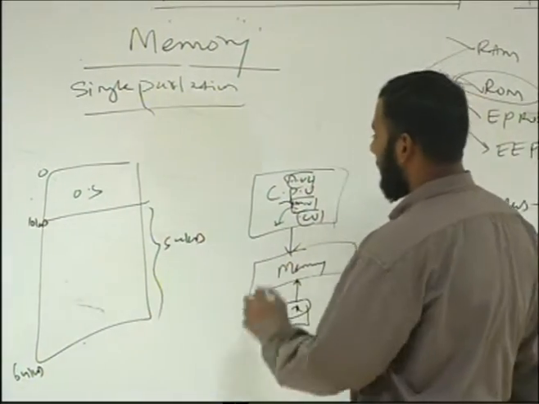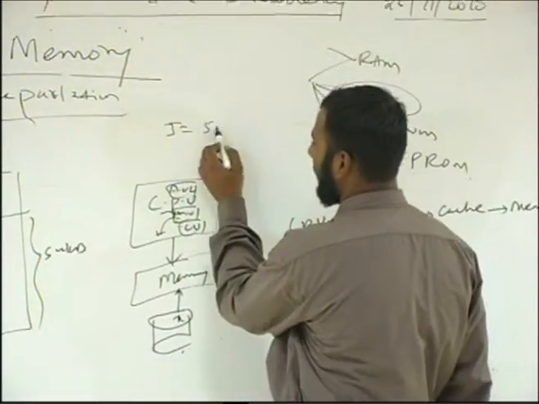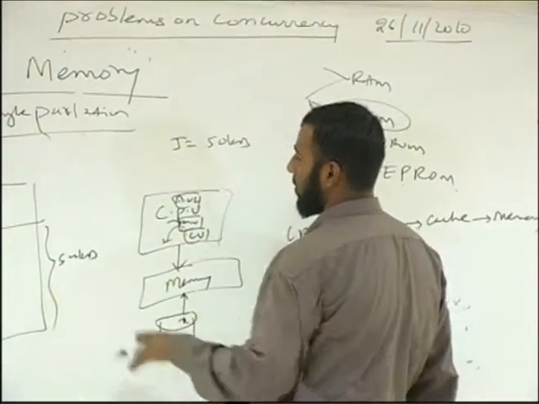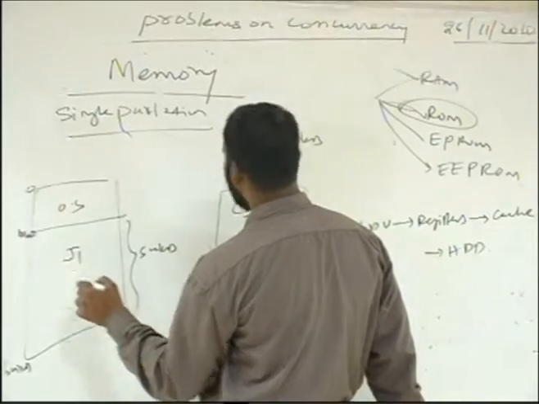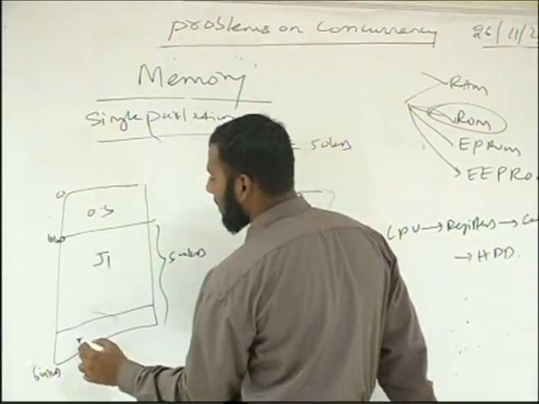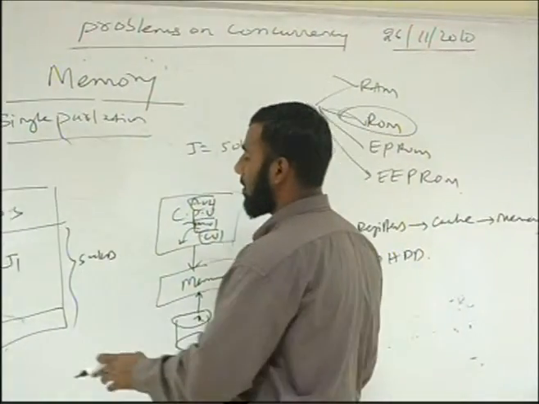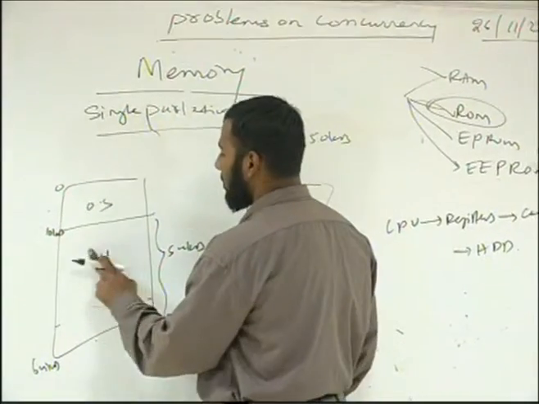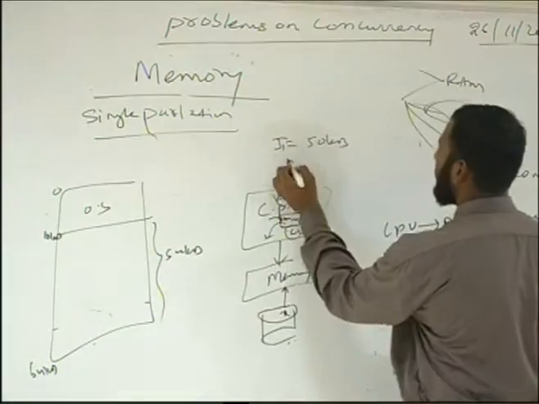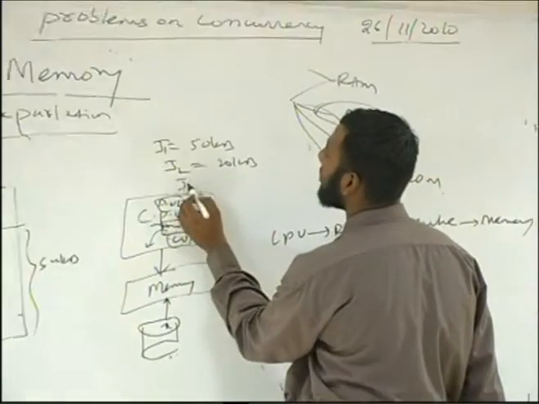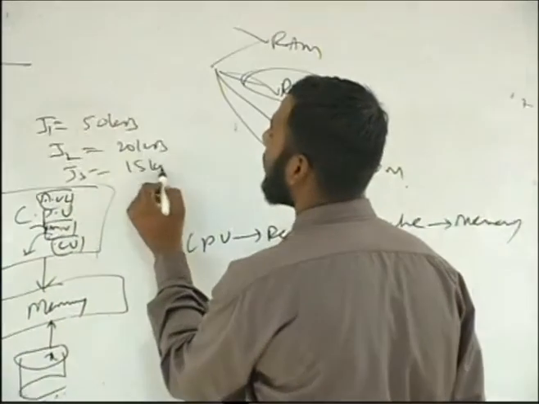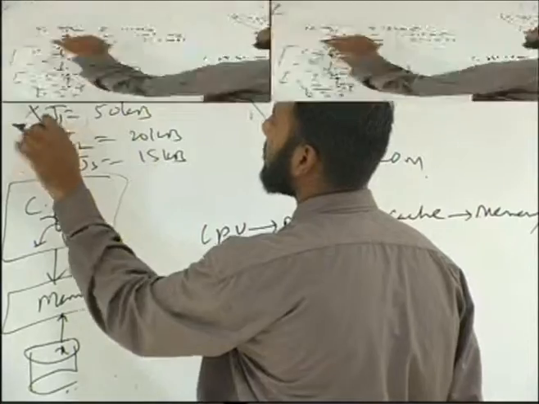Now if a job of size 50 kilobytes wants to load into the memory, then job 1 will be loaded and 4 kilobytes of the memory will be wasted here. And assume I have another job 2, whose size is 20 kilobytes, and another job 3 whose size is 15 kilobytes. Assume that job 1 has been completed.